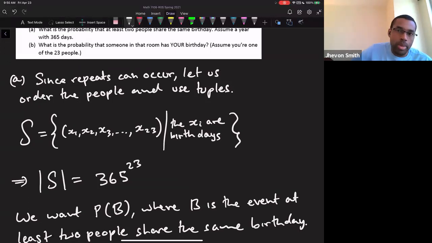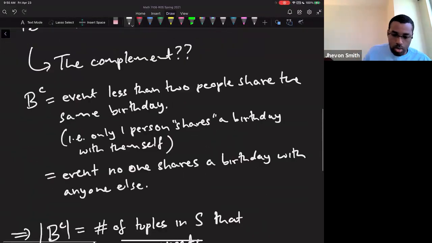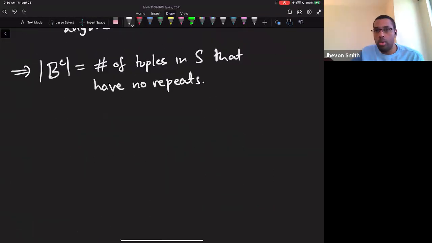We don't want December 25th and then another December 25th at some point. We know how to count the number of tuples of a certain size that have no repeats. In fact, that is a permutation.